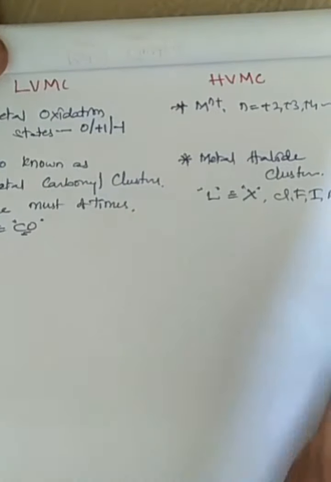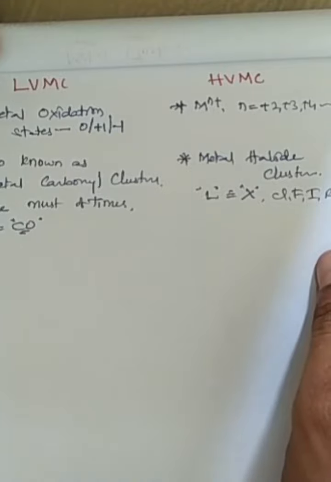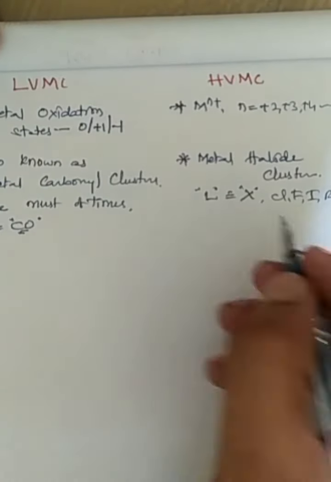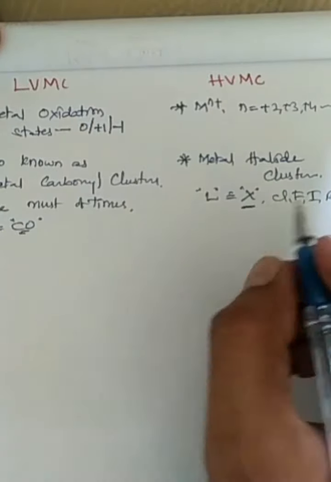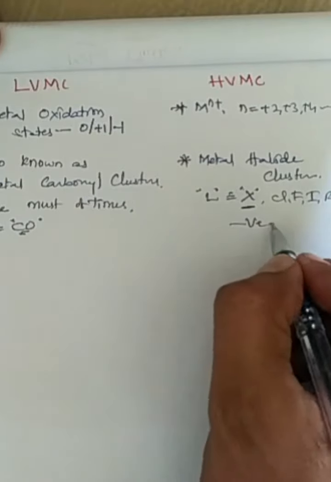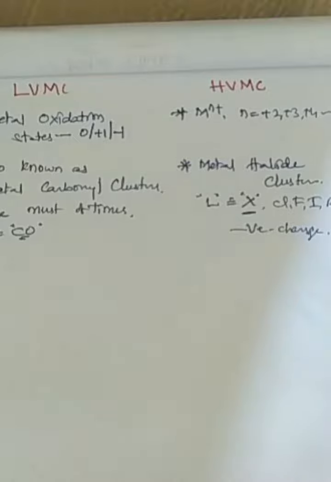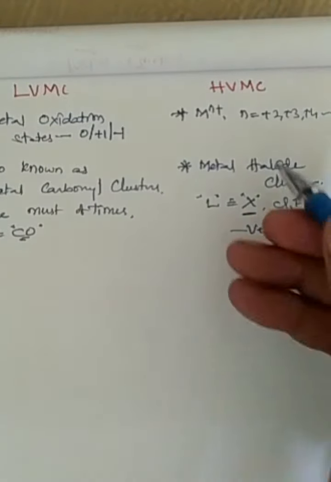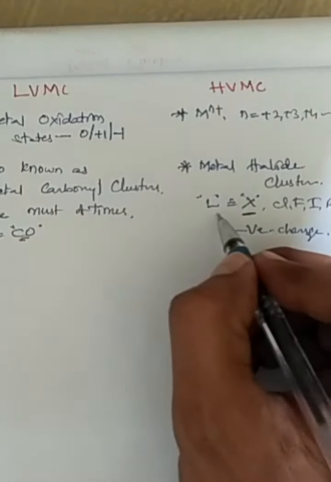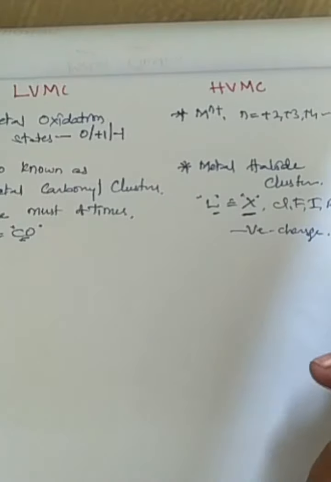Such ligands can exist in high valency metal clusters, where these ligands are negatively charged. As they are negatively charged ligands, they can polarize the metal ion into higher oxidation states. So high valence metal clusters will consist of halide ligands, right?